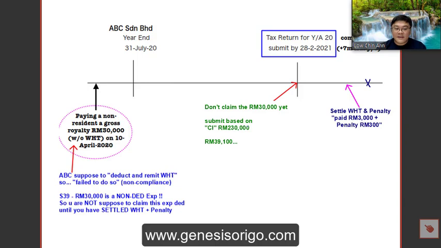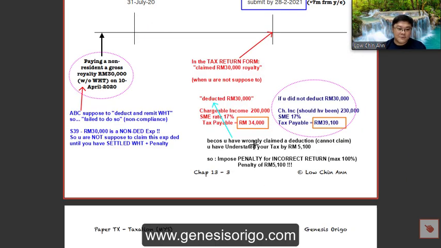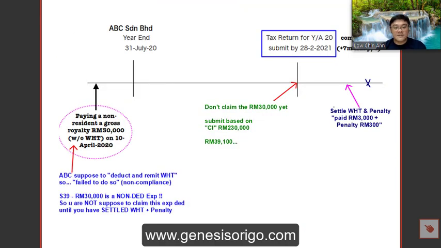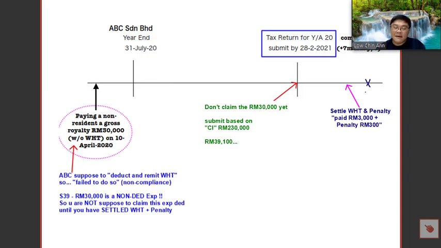Because you paid extra, because your tax is only supposed to be 34,000. So since you only settle later on, we tell the client, never mind, you paid early, I will make an application for you to get back the extra tax that you have paid. So that way you will not suffer penalty.